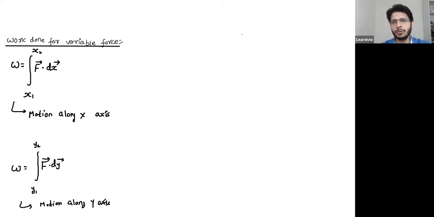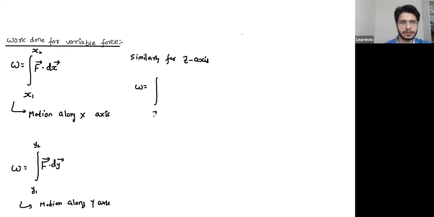Similarly, if your particle is moving along the z-axis, then you can write your work done with limits z1 to z2, F dot dz.